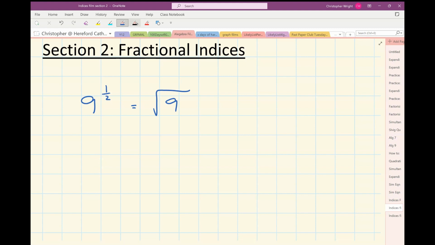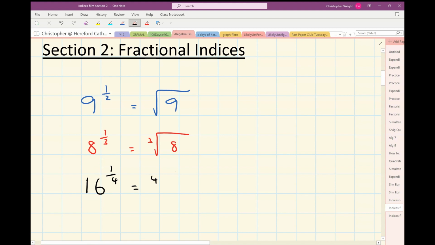And similarly, something to the power of a third, 8 to the power of a third, for example, is the cube root of 8. And similarly, something to the power of a quarter, 16 perhaps, to the power of a quarter, is the fourth root of 16.